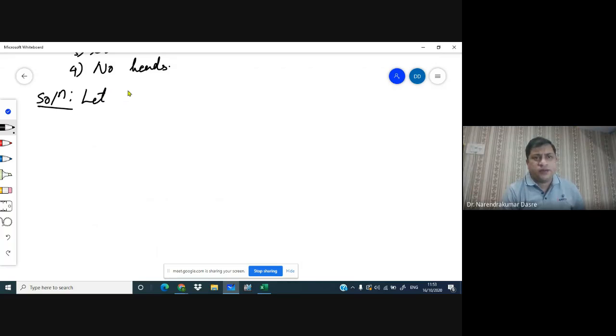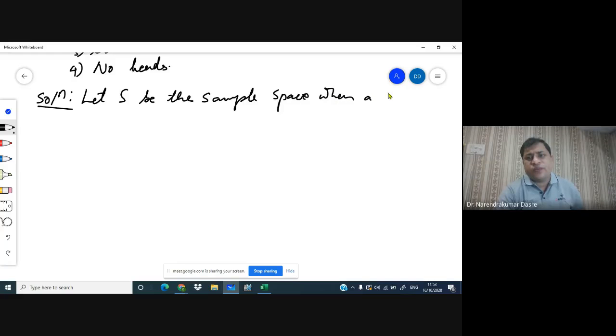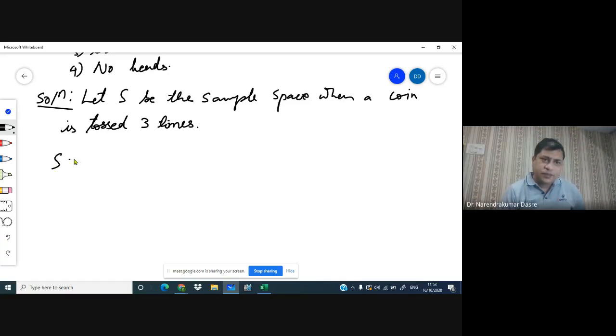Let S be the sample space when a coin is tossed 3 times. This is our random experiment of coin tossing 3 times, and S is the sample space. What is meant by sample space? The sample space is the set of all possible outcomes.